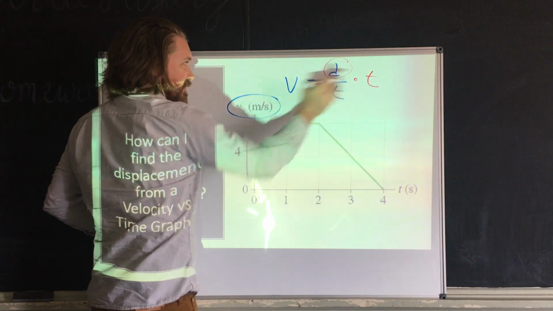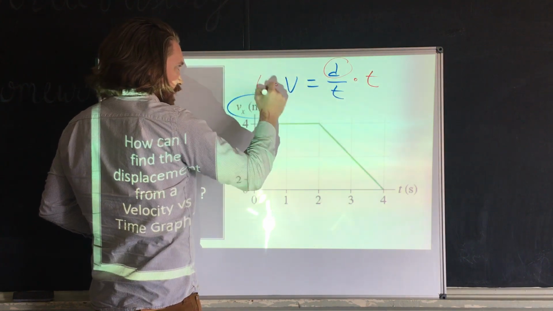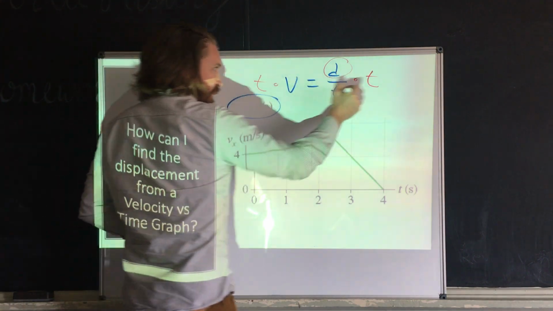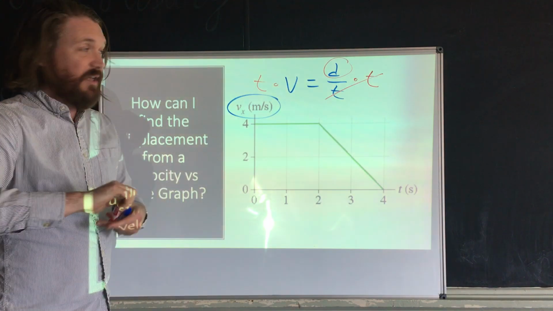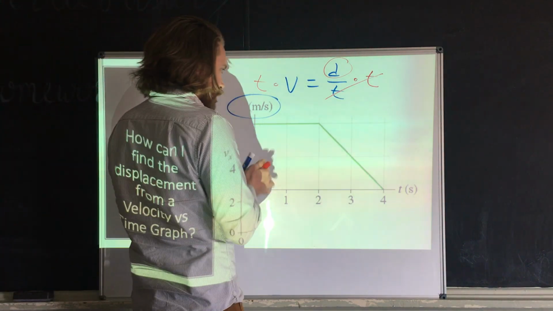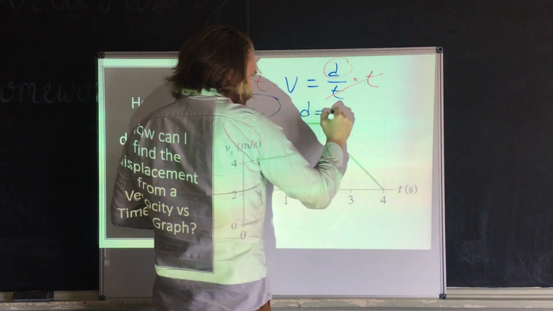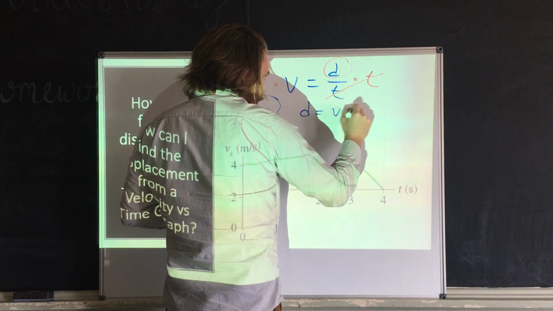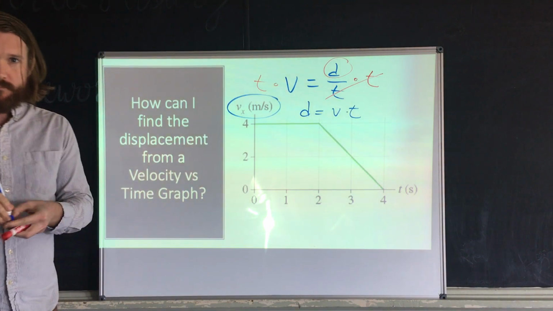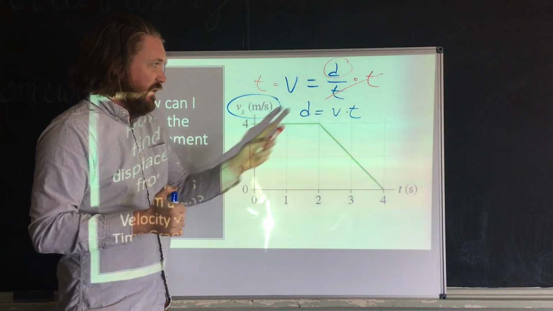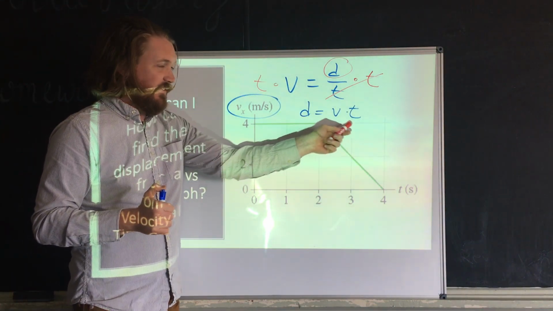So whatever I do to this side, I multiply by t. This side, I multiply by t. T divided by t is 1, and this gives me distance is equal to velocity times time. So if I want to find the distance, I got to figure out what is velocity times time.